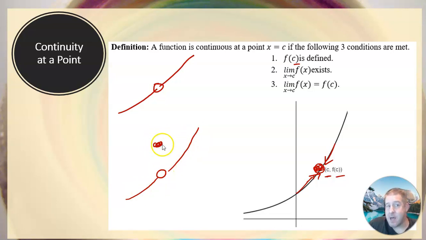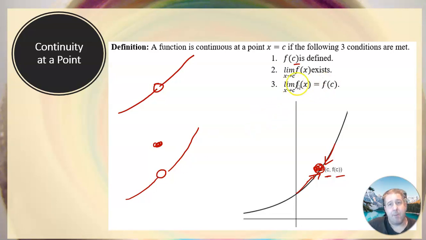Here, f of c does exist. There is a value at c, there is a height. And there is a limit. The limit is below it, but it does exist. So this one up here did not meet the first criteria. This one down here meets the first criteria because of this point, and it meets the second criteria because the left and right hand sides do approach the same height.